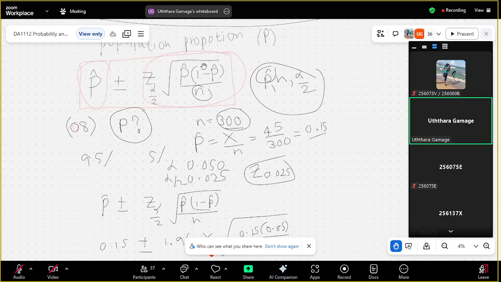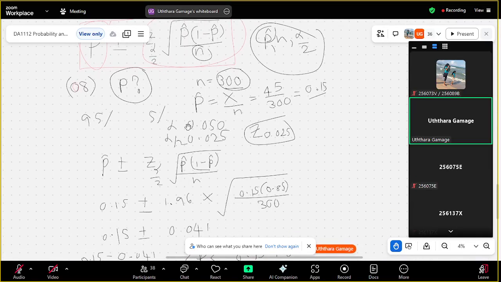So P, the population proportion, lies between 0.15 minus 0.041 and 0.15 plus 0.041, right? So the population proportion lies between 0.1096 and 0.1904, right? So what does this P mean?